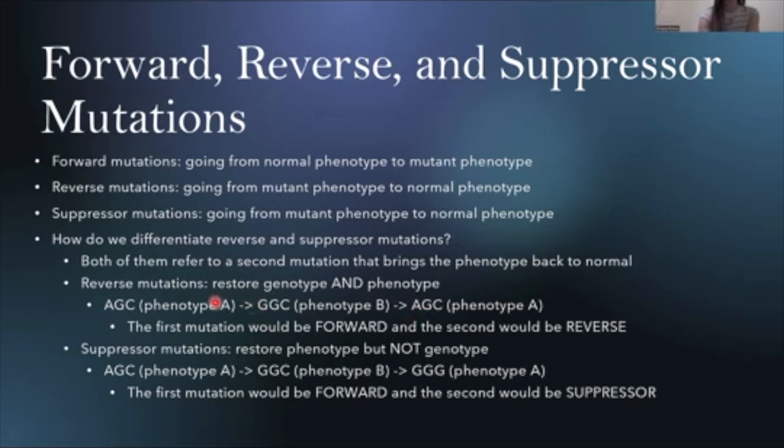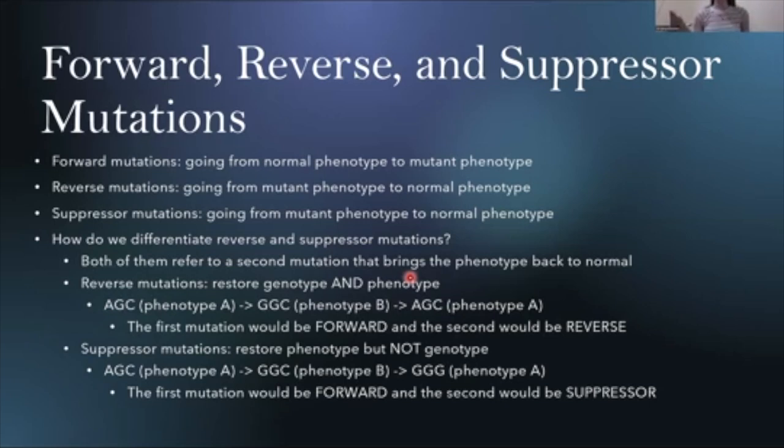So this first mutation where we went from normal phenotype A to mutant phenotype B, that's a forward mutation. And the second one, we have a reverse mutation because we have the same genotype at the beginning and the end, as well as the same phenotype. So because genotype and phenotype are restored, it's reverse.